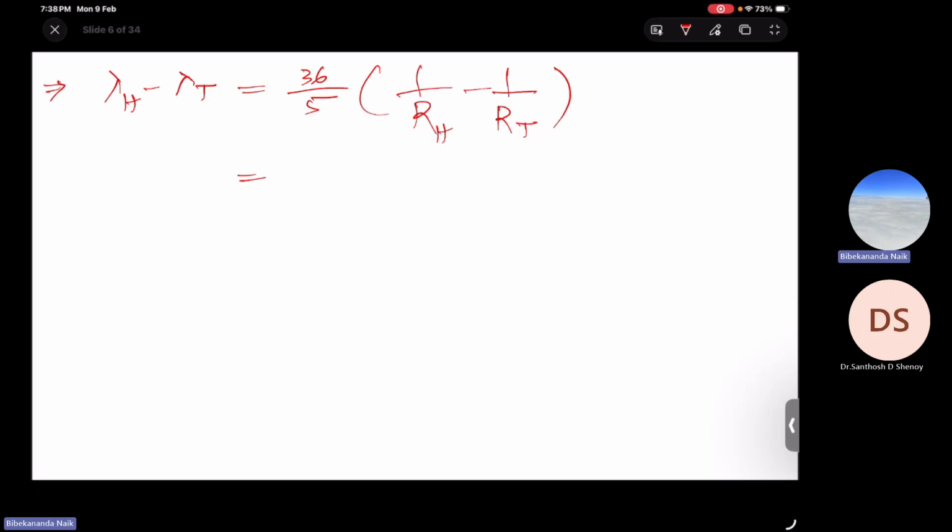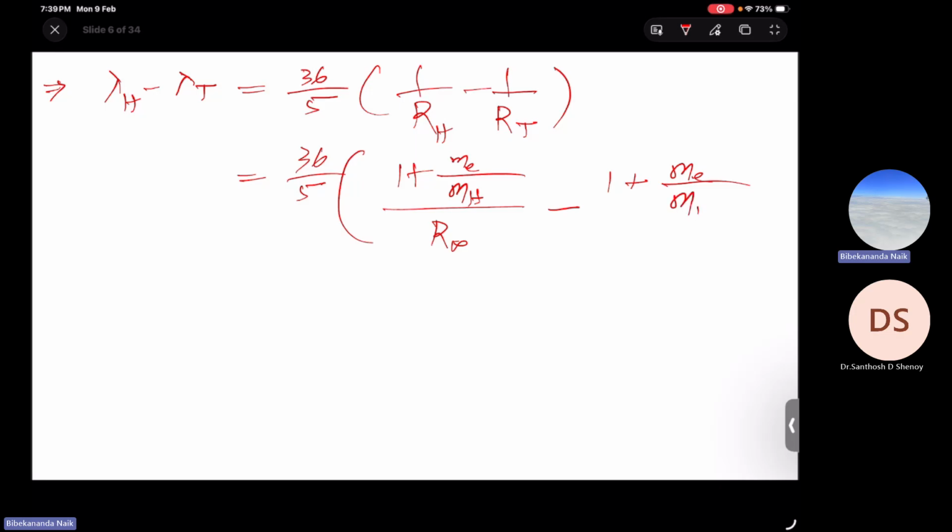So if you convert it, it will be 36 by 5, 1 plus small me by mh divided by R infinite, minus 1 plus me by mt divided by R infinite.